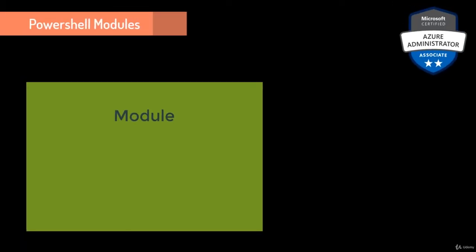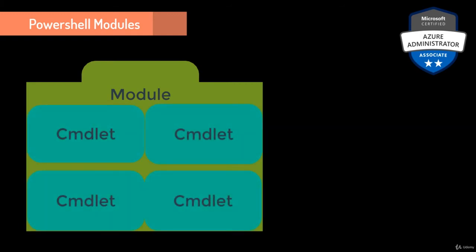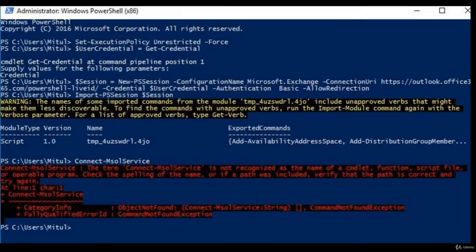Every cmdlet that you run on PowerShell sits inside something called a module. So if you want to run a cmdlet on your machine, you need to make sure that the module is available. And if the module is not available, then we may land up in errors like these. In this case, the user is trying to run a command called Connect-MsolService.